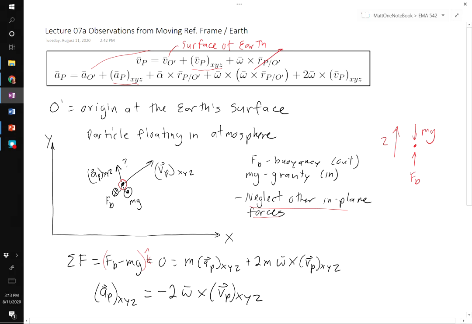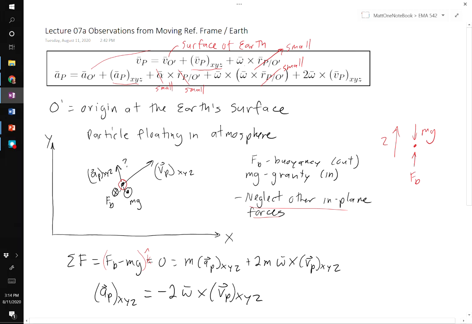So basically that tells us that we can neglect this term, and we also then end up neglecting that term and that term. And the acceleration here, this would be the rate of change of angular acceleration of the Earth. So the Earth doesn't change its rotation speed very quickly. It's had a steady rotation speed for thousands of years, so we can neglect that.